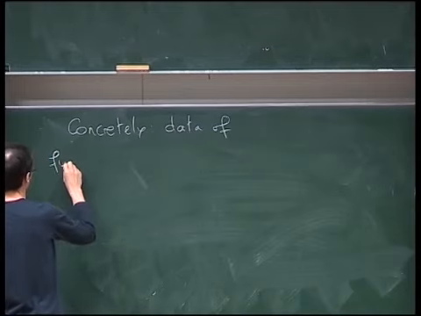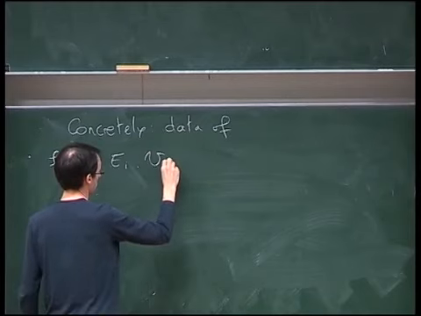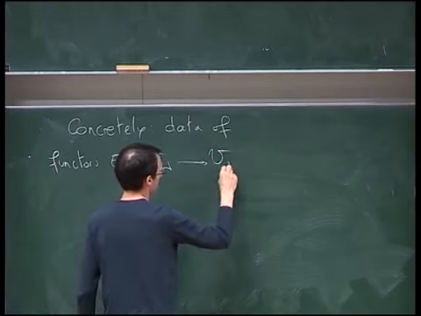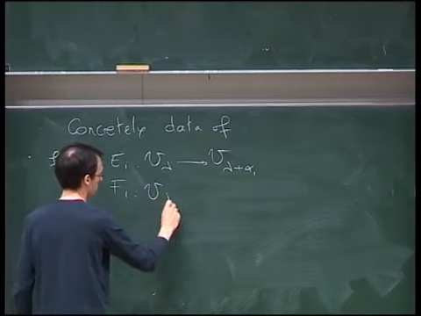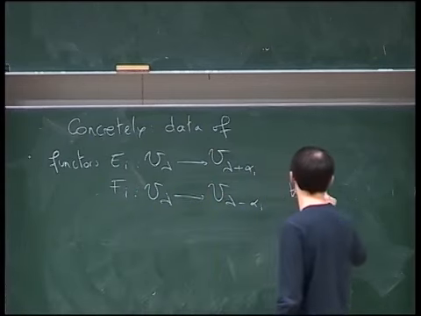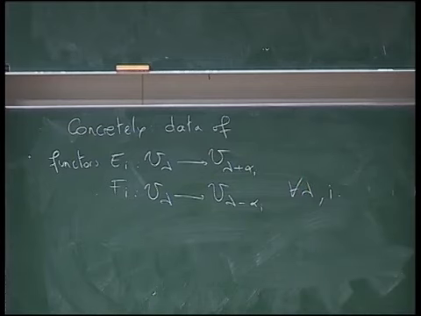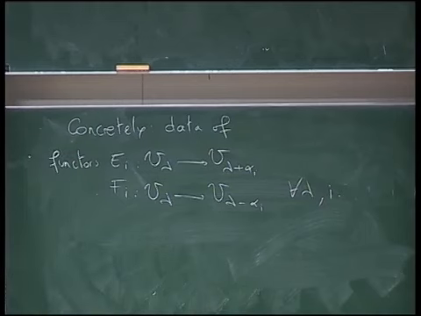So functors EI that will go from V lambda to V lambda plus alpha I. So for every I, we have a functor for every lambda. So that's taking the images of those guys.